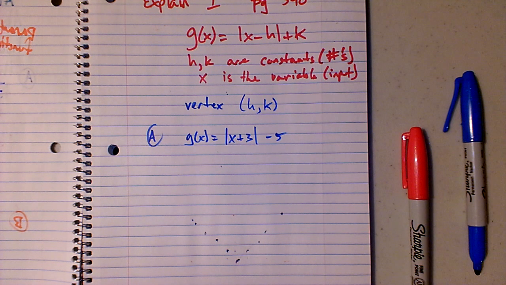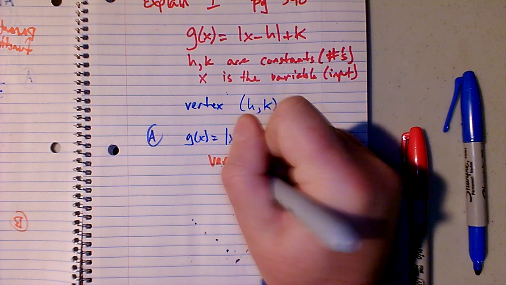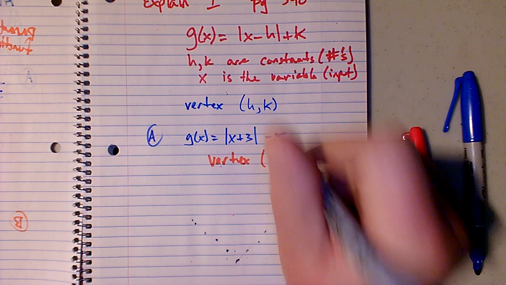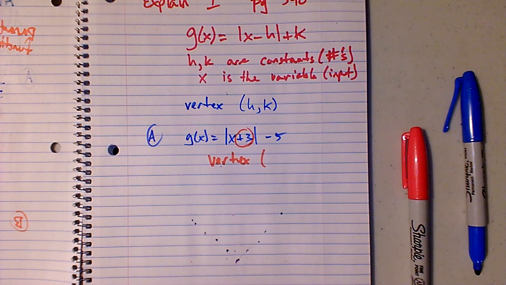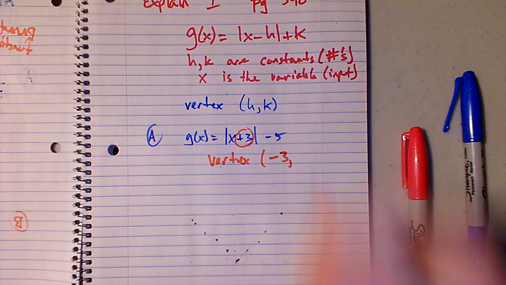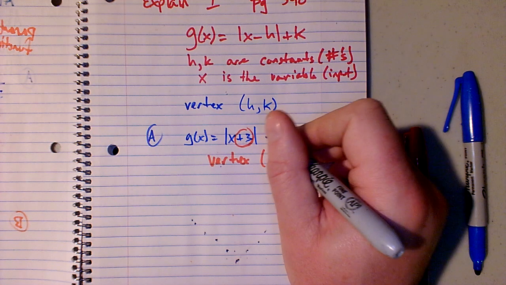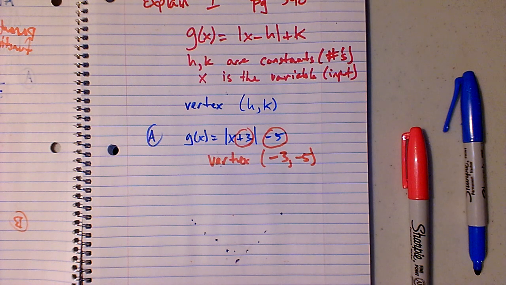I'm going to start off identifying where the vertex of my new transformed graph is. It's going to be the opposite of this, so that's positive 3, I'm going to move to negative 3. And my y value is whatever I'm adding or subtracting. That doesn't change. Negative 3 comma negative 5 is where my vertex will lie.